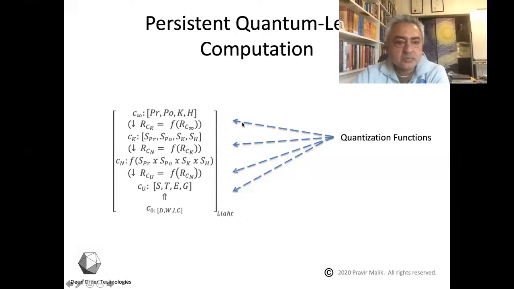And so essentially, we're introduced here to this notion of a persistent quantum level computation that, in fact, determines how these seeds then play out or show the fullness that's contained within them over time.